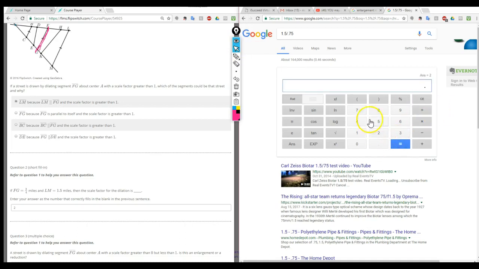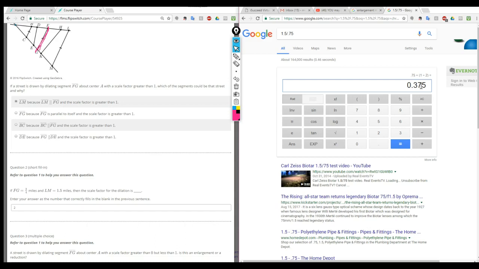If I took 0.75 and I multiplied it by 1/2, 1 divided by 2, that is a number that's greater than 0 and less than 1. It equals 0.375. So then I'm going to ask myself, well, is 0.375 larger, enlargement, or smaller, a reduction?